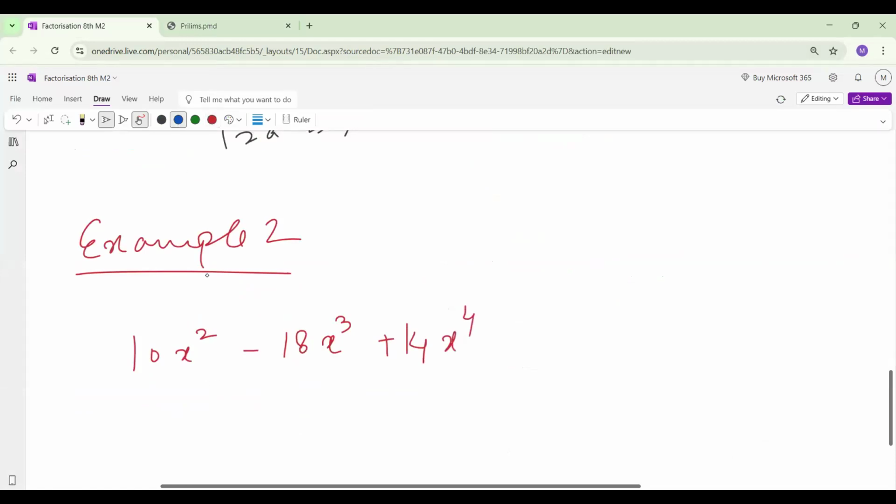Now, would you guys like to try this yourself or should I tell this? Sir, can we try it ourselves? Sure, sure. Try it out.